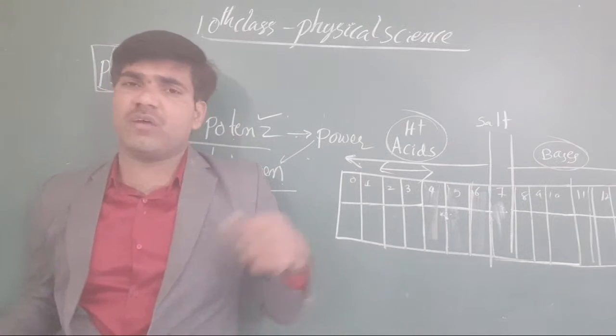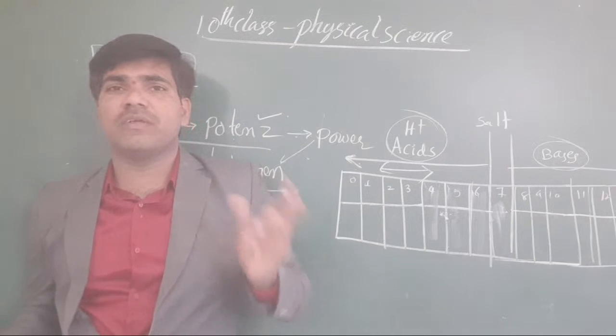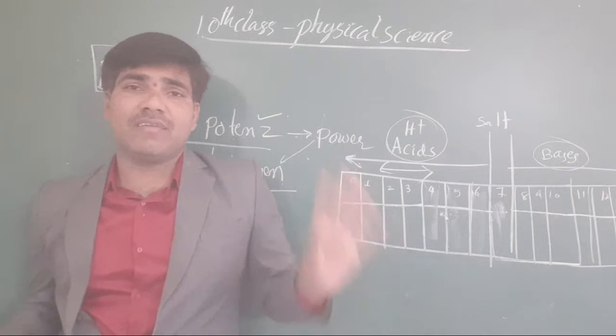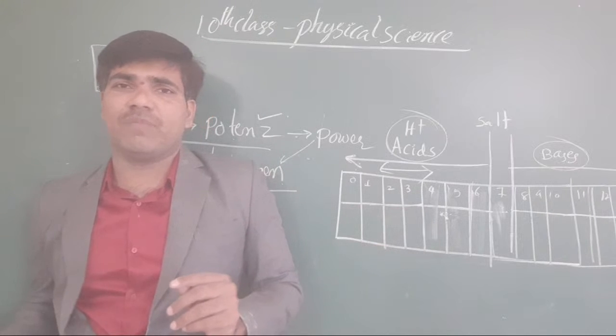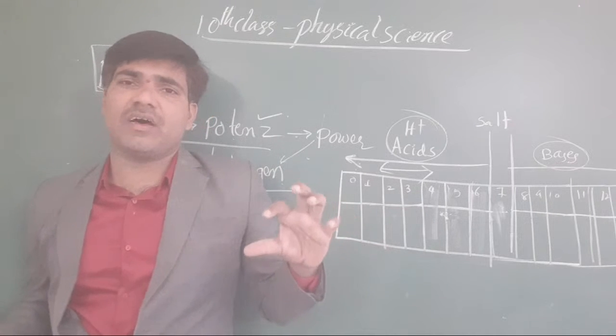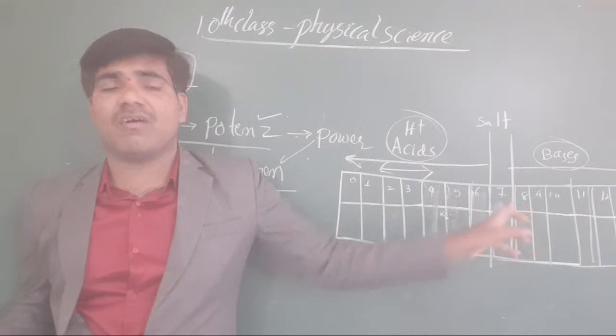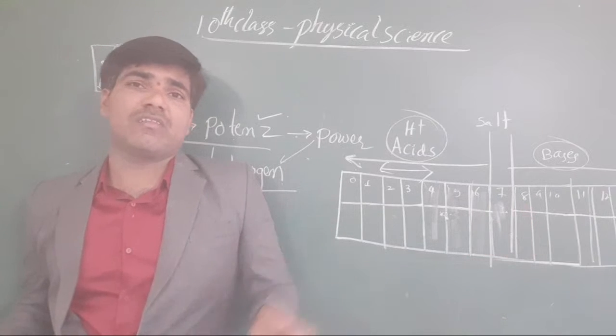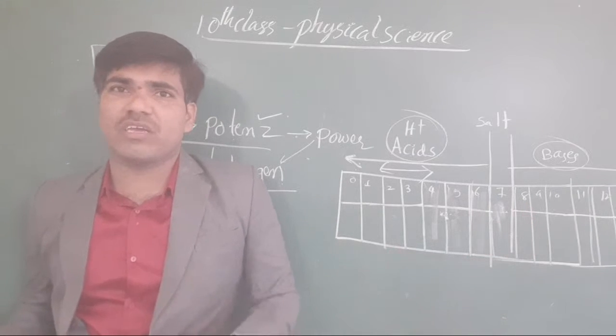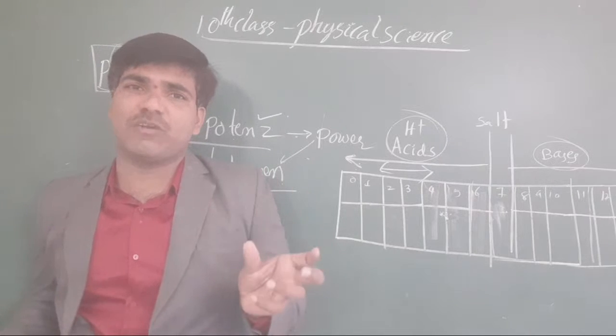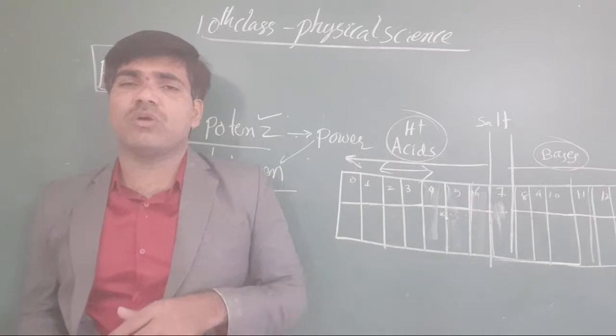It is not in our syllabus, but we have to discuss that also. Somewhat values like 10,000, 10 lakhs are given on the pH scale. What are those values? How will we get them? We will discuss tomorrow.